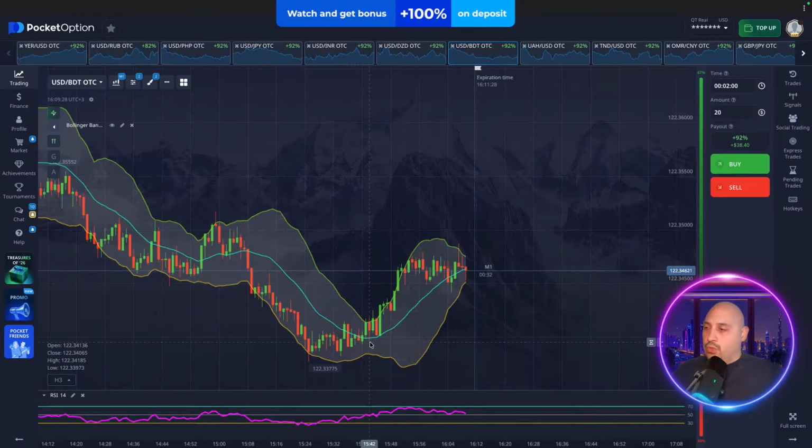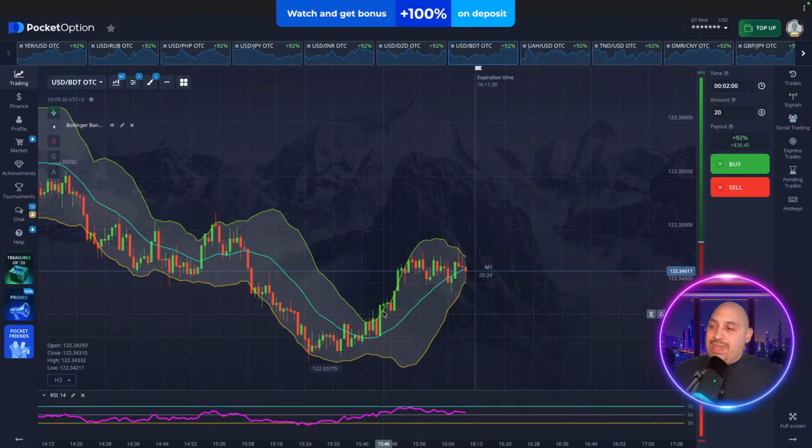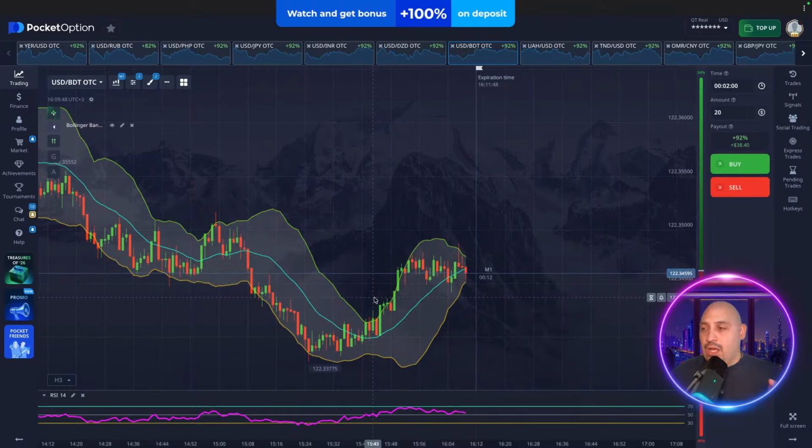When the bands come together, it means there's not much volatility. When there is expansion, it means there's higher volatility, or that we are trending. That is a reason for you to keep in the back of your mind when you're trading, whether you want to avoid trading when the market is trending or you want to trade only when it's ranging. Keep that in the back of your mind.